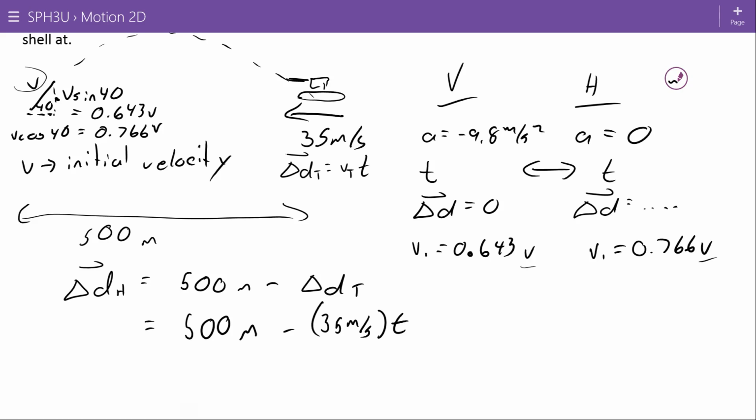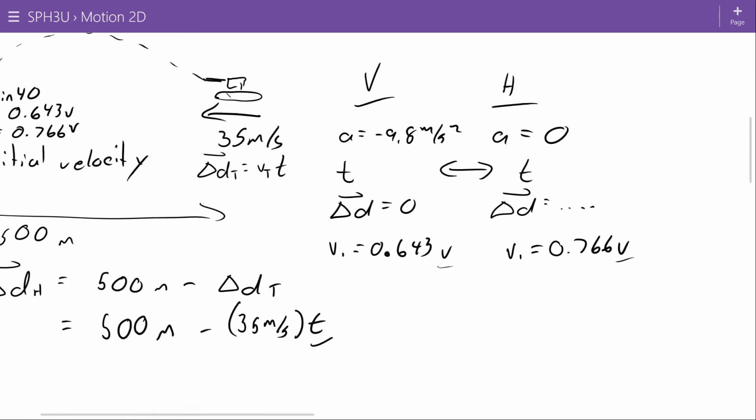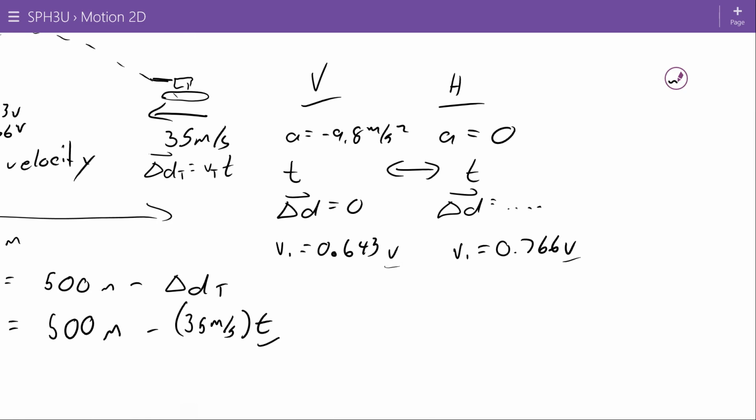Like I said, the tank is coming towards you. It was a total distance of 500. We don't know how long it has to come towards you, so we have to leave that t in as a variable. Now let's look at these other two equations. In the vertical direction, delta D equals v1t plus 1/2 at squared. That's the equation I'm going to use all the way through this.